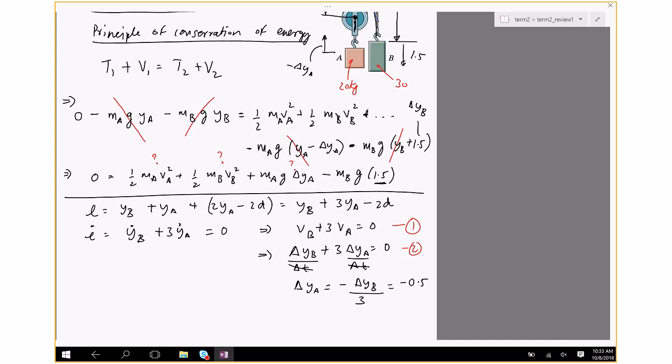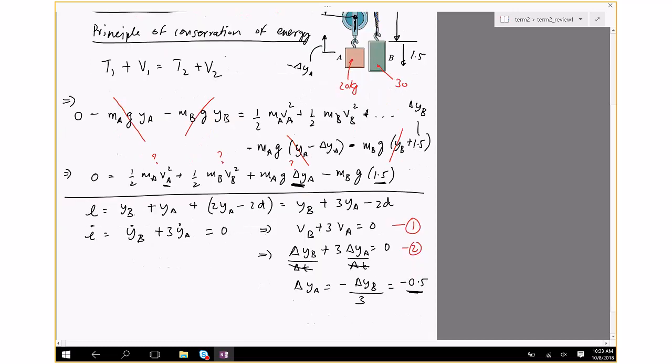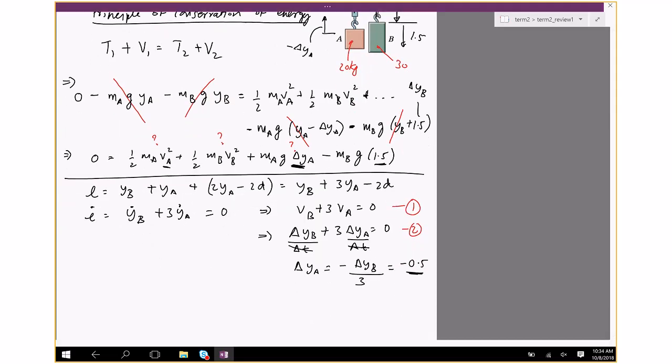One issue is that I already assumed that delta y is negative delta y. So if I put negative 0.5, that will not be right. I'll have to take the magnitude of 0.5 because I took minus delta y. I should have taken plus delta y, then I would have just kept the sign. So only the 0.5 needs to go in this equation. And for v_A, let me write this equation down again, equation 3.